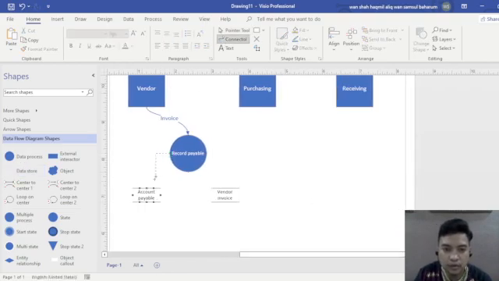So there will be two data flows, one to the account payable, and one to the vendor invoice.